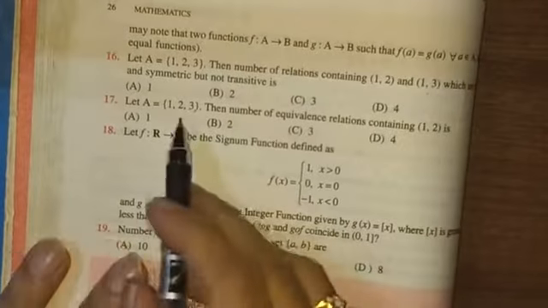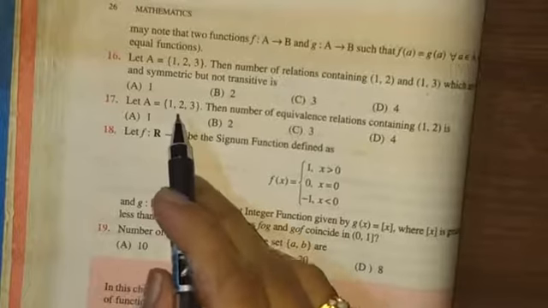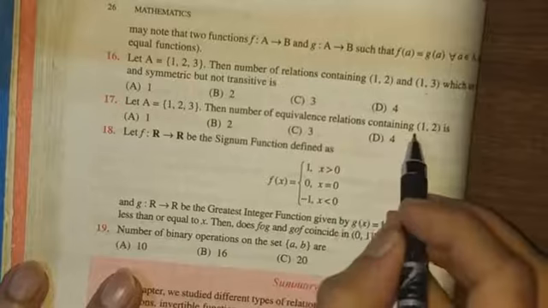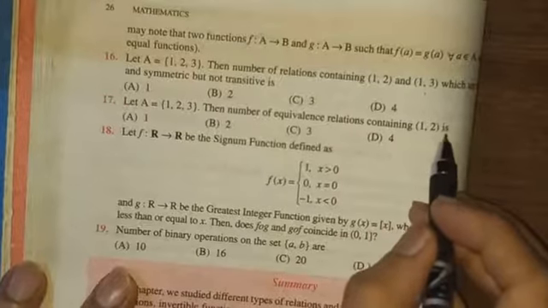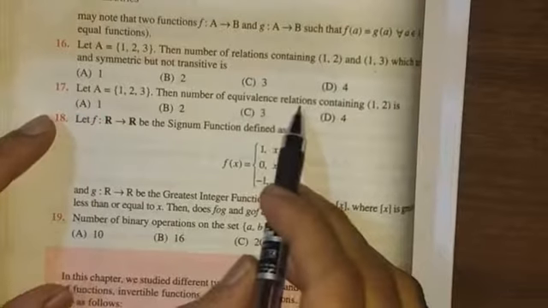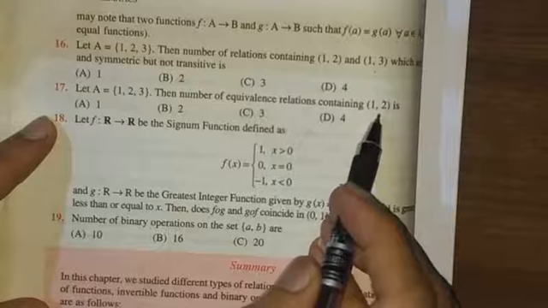So the 17th one is: Let A be equal to the set 1 comma 2 comma 3, then the number of equivalence relations containing the element 1 comma 2 is. So this is a similar problem as the previous one, but what we have to look at here is that the relation is an equivalence relation containing 1 comma 2.